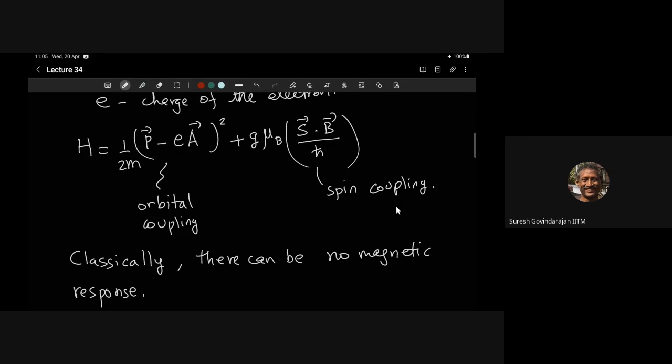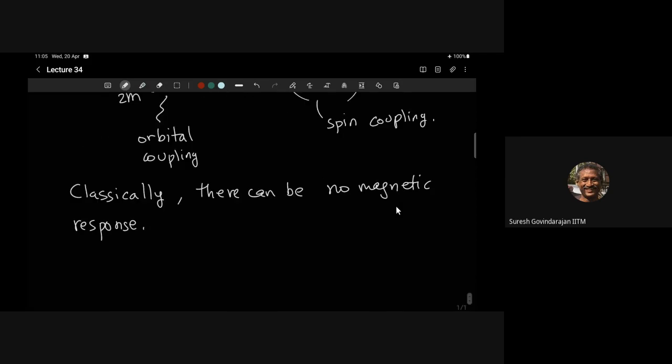Magnetization will be one derivative of some free energy, and susceptibility will be two derivatives with respect to B, but there's no dependence on B. So the answer is 0. This has a name: this is a theorem due to Bohr and Van Leeuwen.